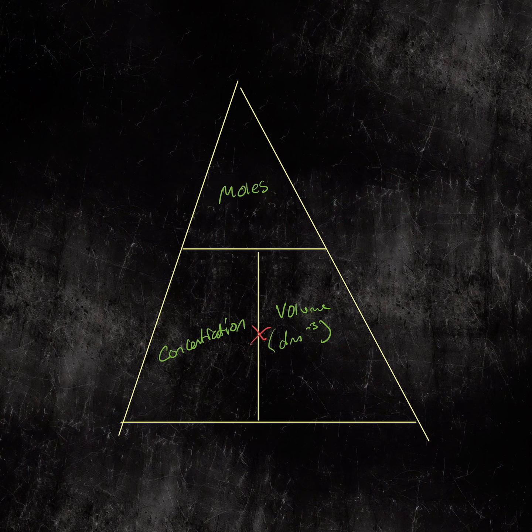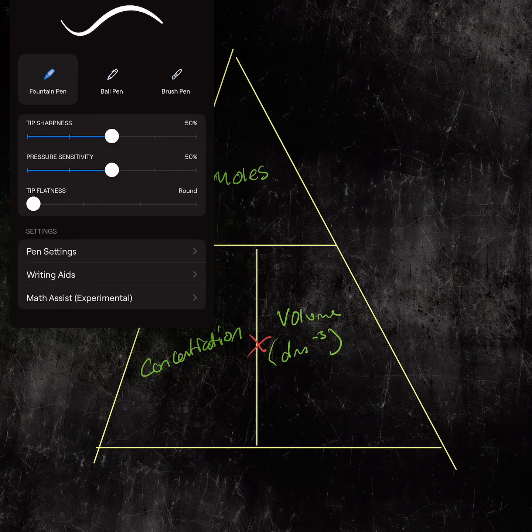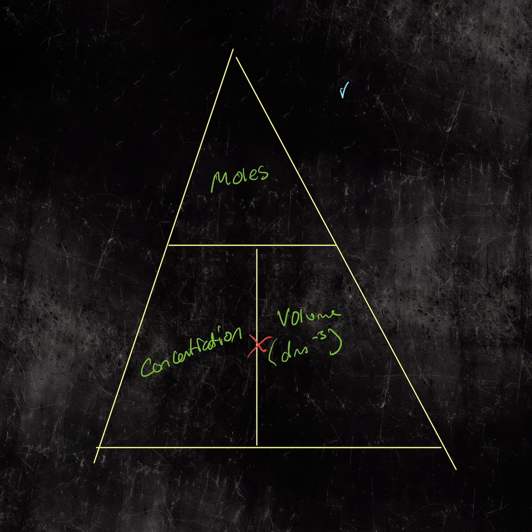What this means is you write the top one first, so moles is at the top of the triangle, so we've written that one first, and then you put equals, and then it tells you what it equals. It equals concentration by volume.